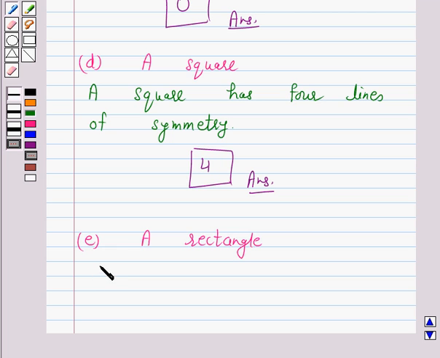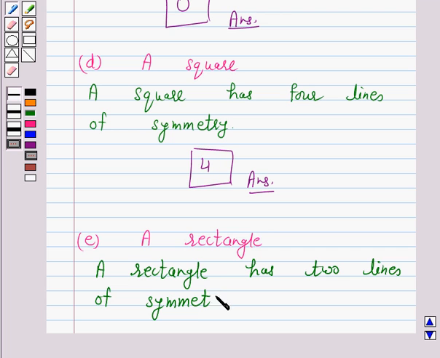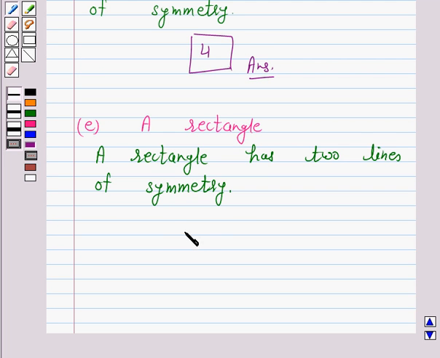Hence a rectangle has two lines of symmetry. So the answer for this part is 2.